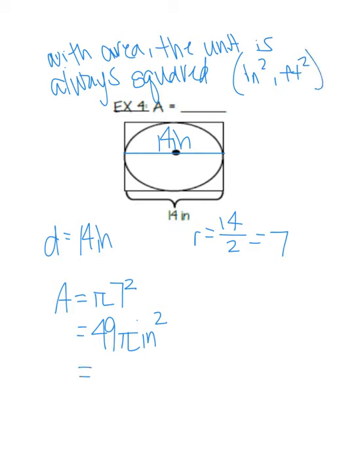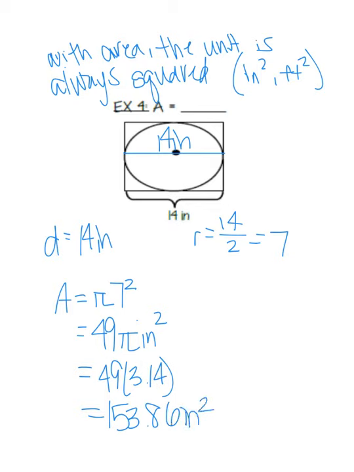Okay, let's find the approximate. So we're going to do 49 times 3.14. The product of 49 and 3.14 is 153.86 inches squared. So I'm going to put that answer right up on the line where it says A equals 153.86 inches squared.